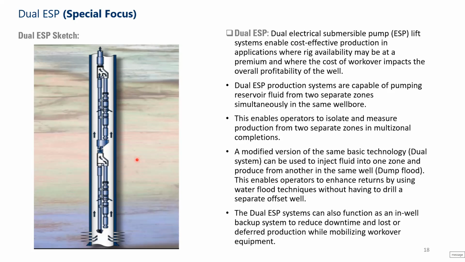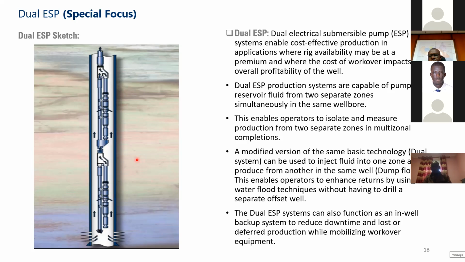A modified version of a dual ESP system that uses the same concept can be used to inject fluid into one zone and produce from another in the same well. This concept in the industry is well known as dump flood. Mainly, they use the dump flood for water wells.